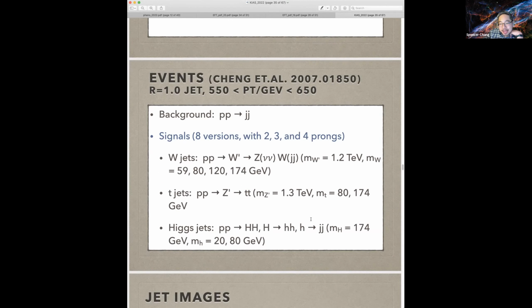I imagine it would be similar to this, maybe. Some of the boosted Higgs searches are around 400 GeV in terms of PT, so I think this isn't that far off. This is probably the closest thing that would mimic that, but that's just a guess. Okay.